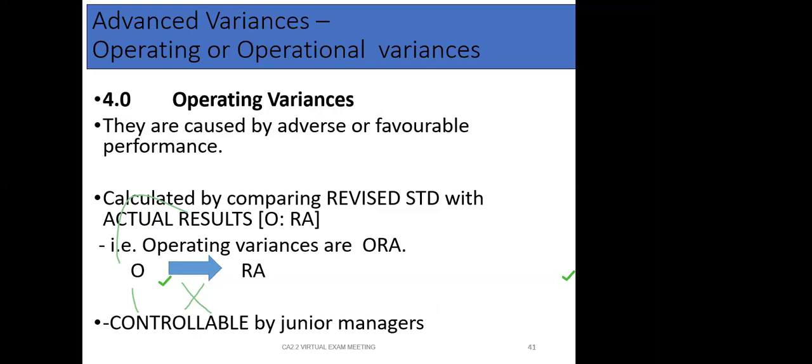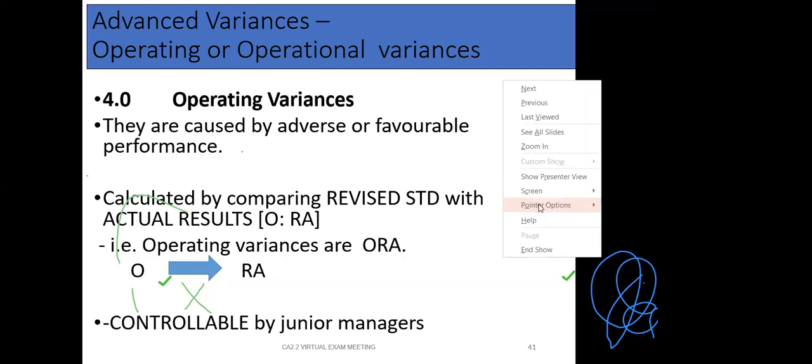In operating variances, you compare the revised standard cost, standard price, with actual results. So operating variances compare the revised with actual. Let me just bring the arrows and give you a pointer.